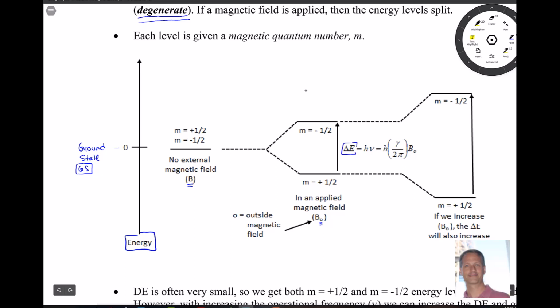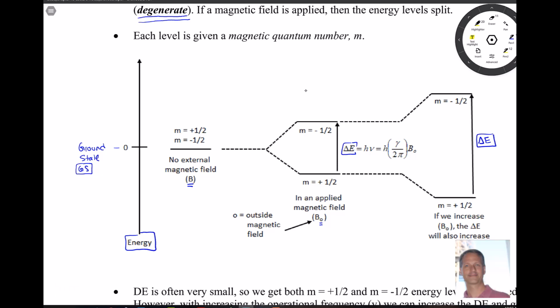It's equal to h times this little weighting factor, gamma, which depends on the atom being examined, times the magnetic field. Now if we increase the external magnetic field, then the delta E will also increase. What we'd like is to see a large delta E so that we can observe the resonance phenomenon occurring.